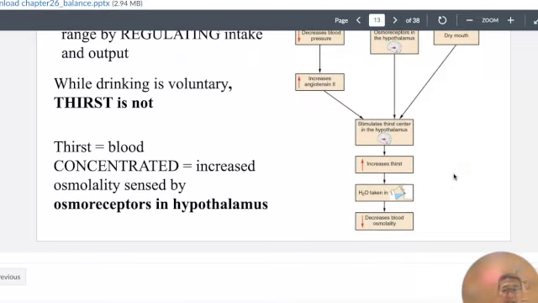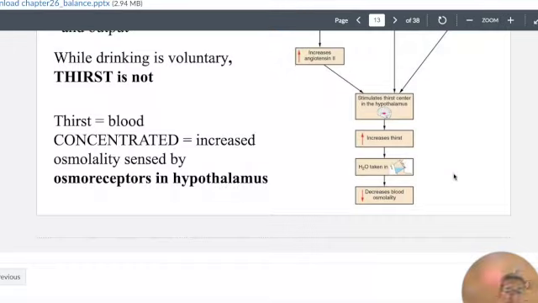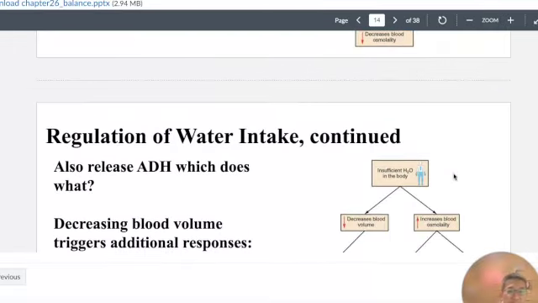You guys remember what ADH is? It is so that you will retain water.